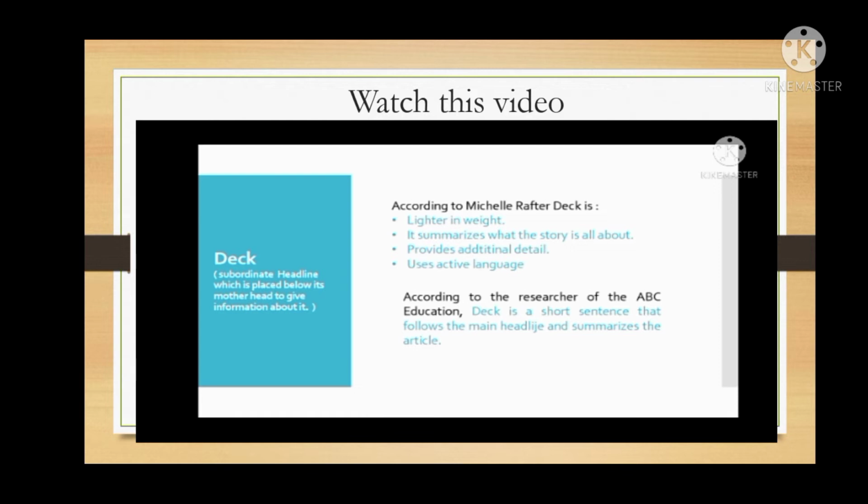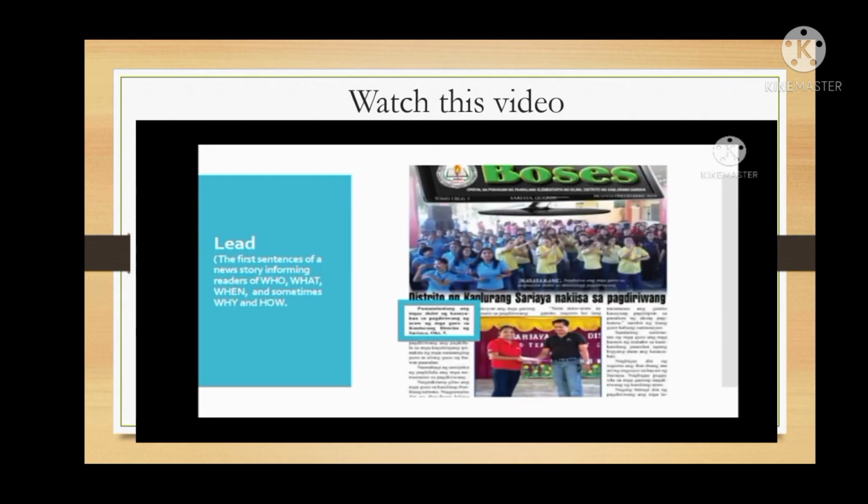And deck summarizes what the story is all about and provides additional detail and uses active language, of course, kaya masabtan po sa atong mga readers kung unsa imong gipambutan diha.